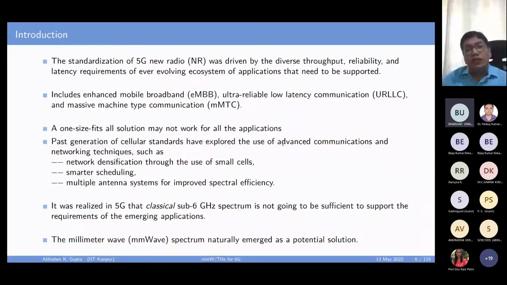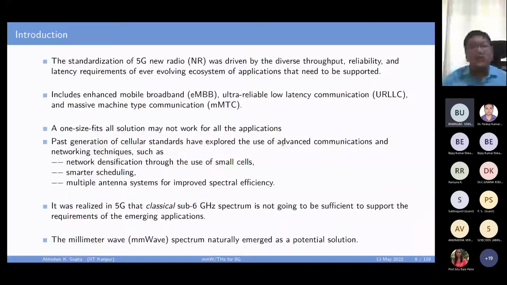When we talk about past generations of cellular standards, they have explored advanced communication engineering techniques to improve the data rate and communication reliability. A few important examples are network densification, which means you keep putting more and more base stations in the network.